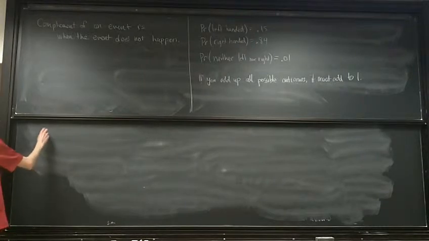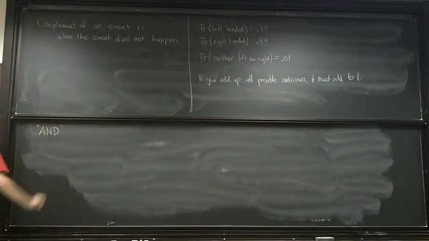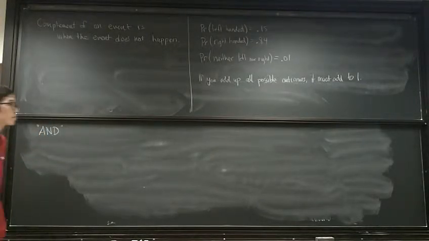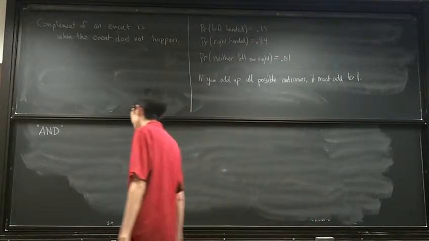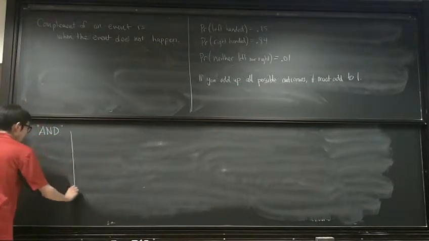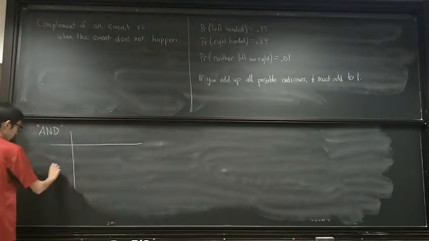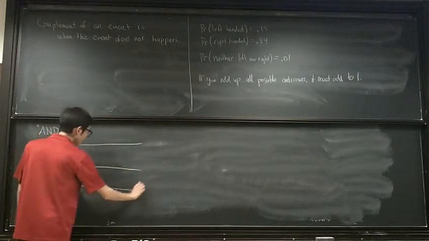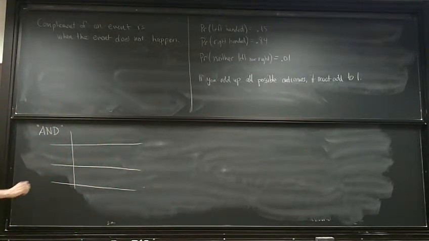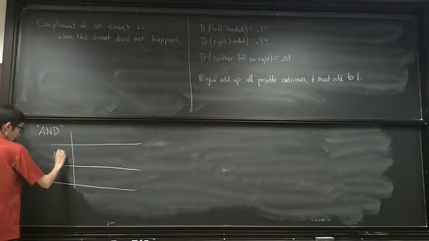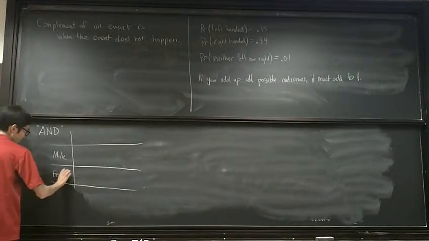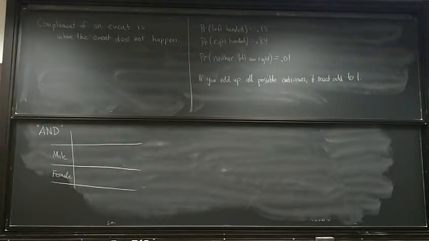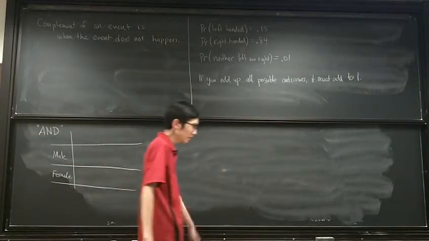Let's talk about the word "and." Let's make a table. Let's say we've simplified the world and people are either male or female.